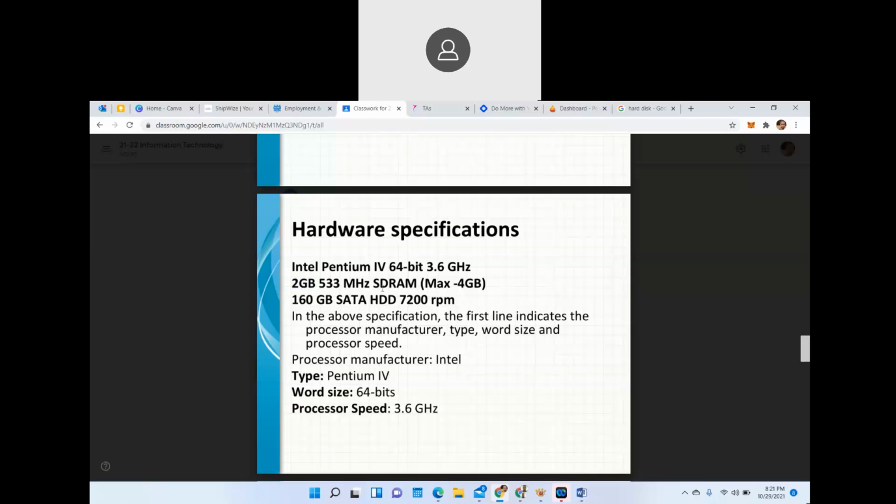Now the third line, 160 GB SATA HDD 7200 RPM. What is this talking about? It's okay to guess, or just look at it. When you look at it, you can figure it out.